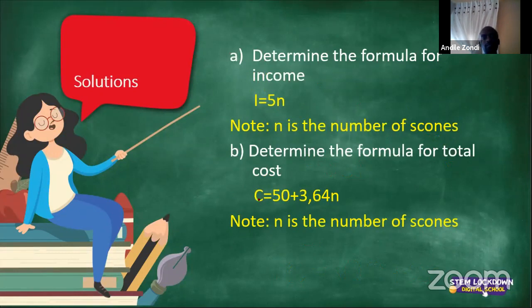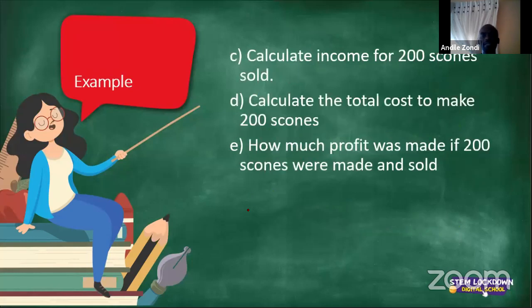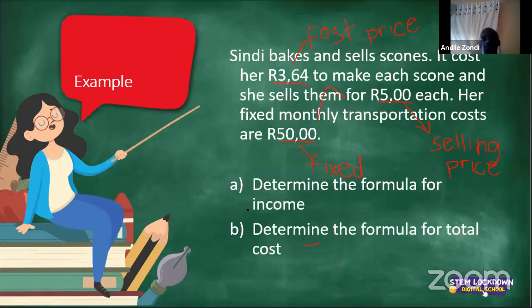In this case, total cost is equal to 50 rand, which is our fixed cost, plus our cost price, which is 3 rand 64, times number of scones. So our formula will look like this. These are actually easy maths, easy picking. So in an exam, make sure that you know how to construct your formulas or your equations.